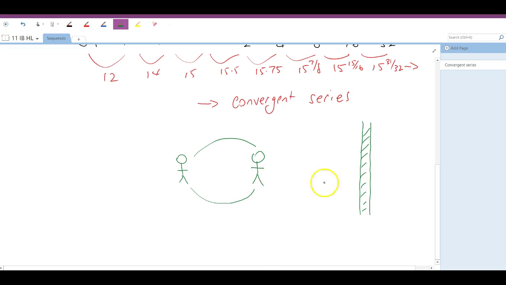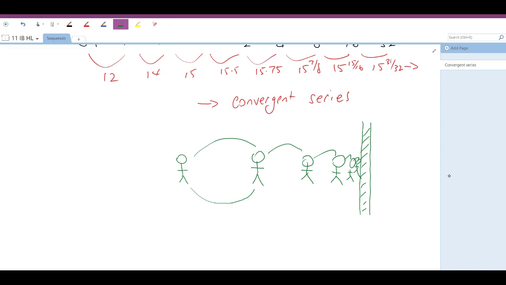Now that distance is whatever, x. I'm going to jump x over 2, so I'm now going to end up here. We jump half the distance each time. Keep on jumping half the distance, and what happens is we never quite get there, because we're always halving the distance.